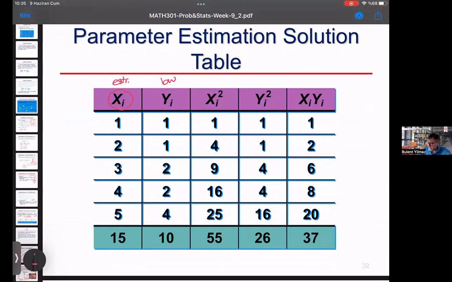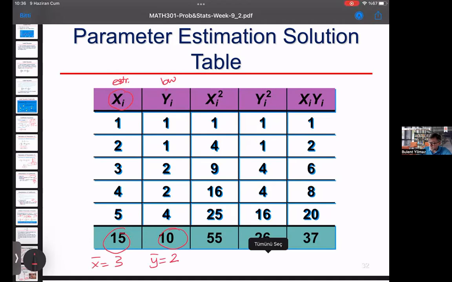Then the totals are 15 and 10. How would I come up with the mean? 15 over 5, the mean is going to be 3. 10 divided by 5 will be 2. Y bar is going to be 2.